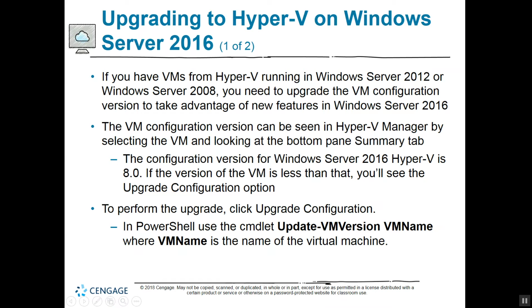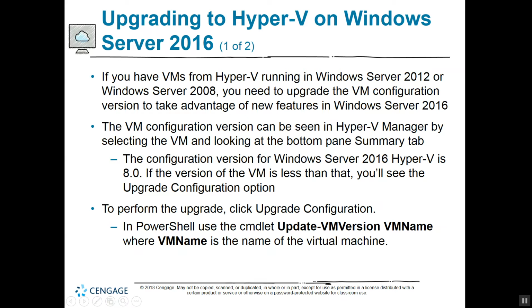If you have Hyper-V or VMs running on Windows Server 2012 or Server 2008, you need to upgrade the VM configuration version to take advantage of the new features of Windows Server 2016. The VM configuration version can be seen in Hyper-V Manager by selecting the VM and looking at the bottom pane.